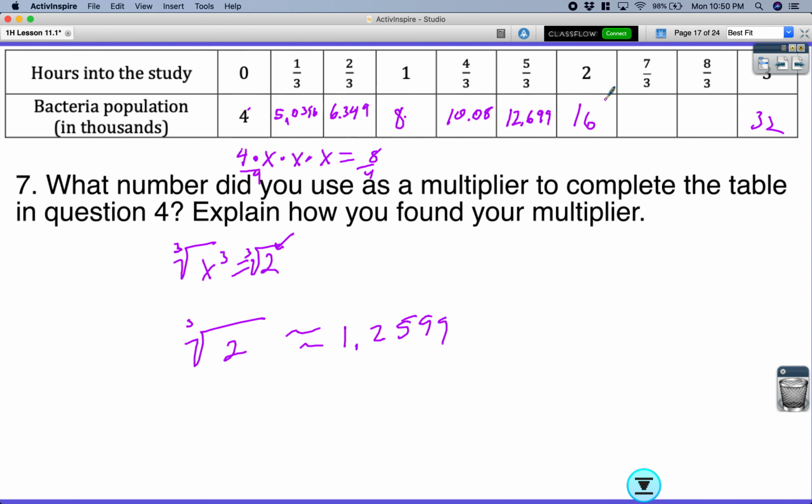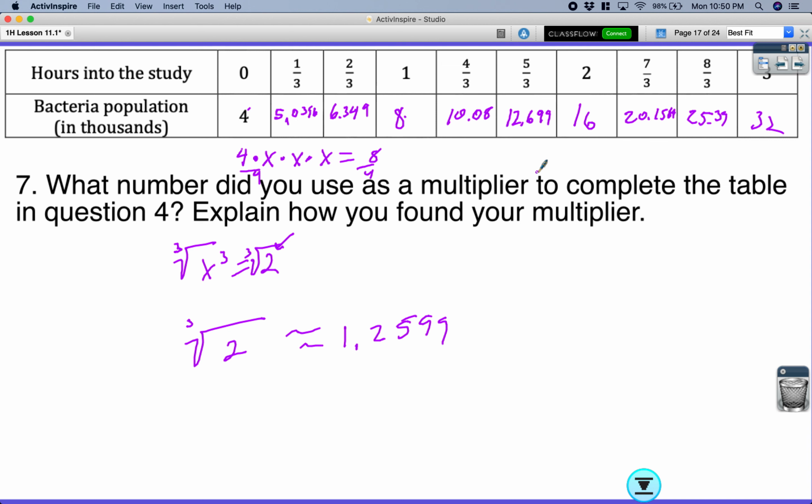And then we're going to take 16, do the same thing. This would give me then 20.1584. And then finally, let's go ahead and do it one more time, and I would get 25.39.